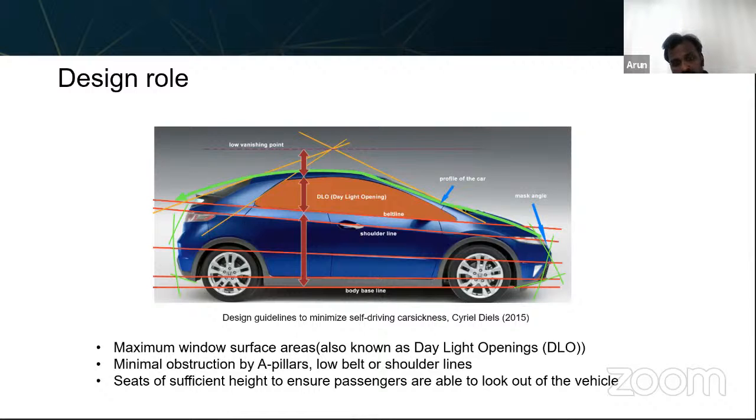And of course, when you also look at the seating position inside these vehicles, you would have seen multiple concepts where people are reclining and sleeping and so on. These look good on paper, but as I said, there are a lot of implications when it comes to situations where you have to intervene, or where the vehicle fails to do what it is expected to do.